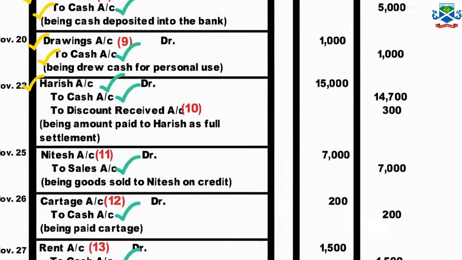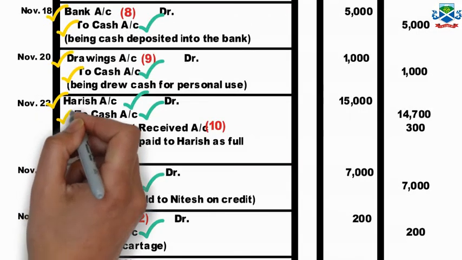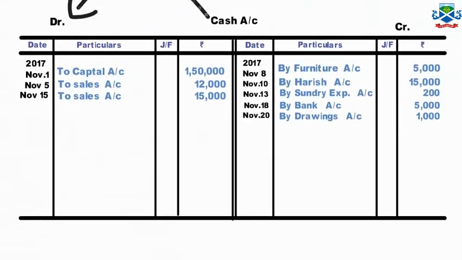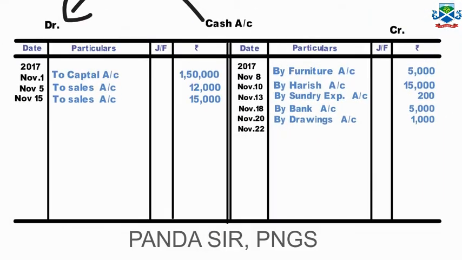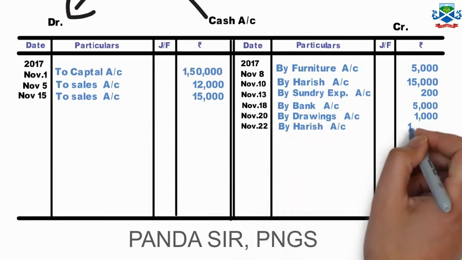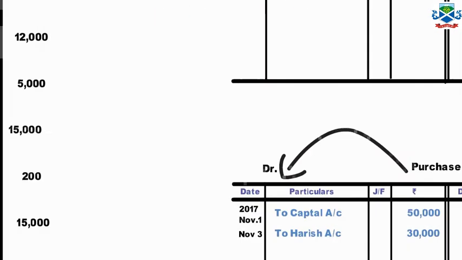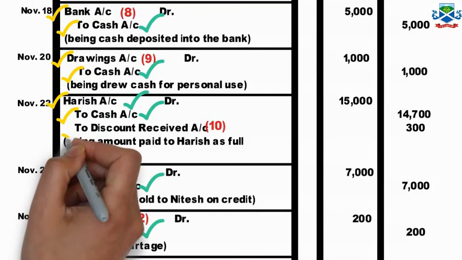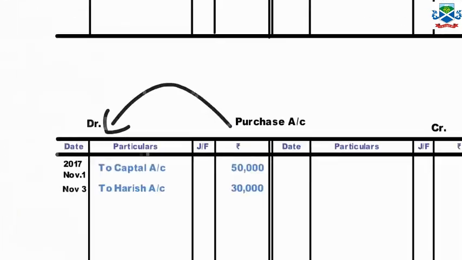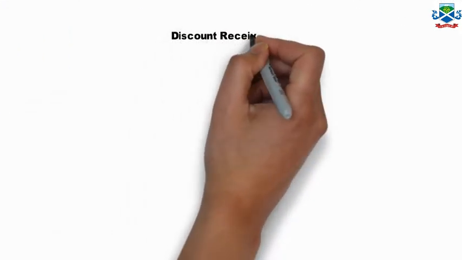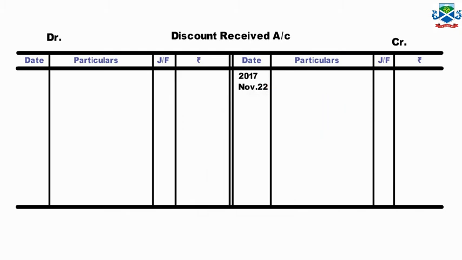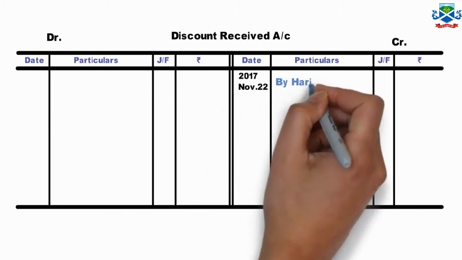Now cash account is credited by Harish, so in the cash account we'll write by Harish 14,700. Similarly, discount received is credited by Harish. Harish is debit alone, so for discount received account we have to make a new ledger. On the credit side, discount received is credited by Harish 300 rupees.